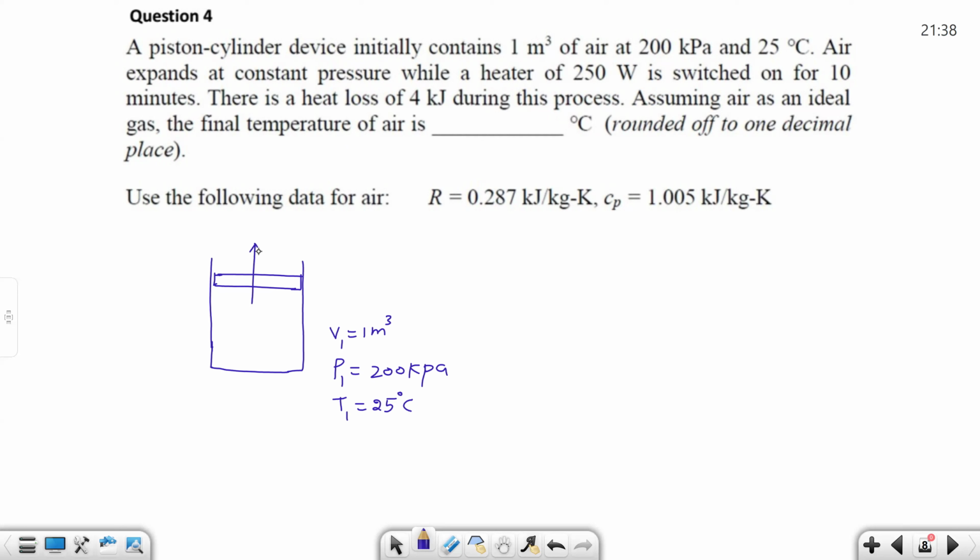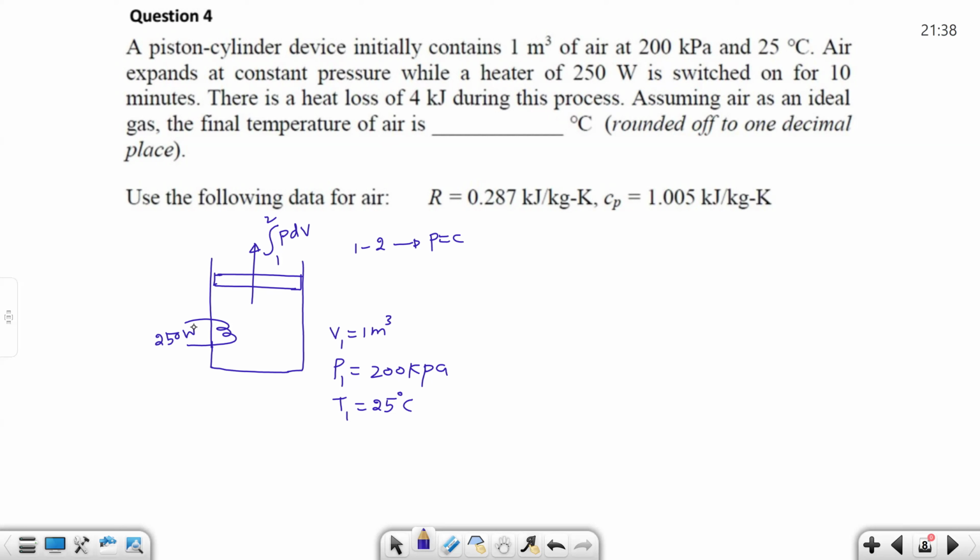Air expands at constant pressure. So it is expanding, integral 1 to 2 pdV, and the process 1 to 2 is a constant pressure process. Well, a heater of 250 watts is switched on for 10 minutes.